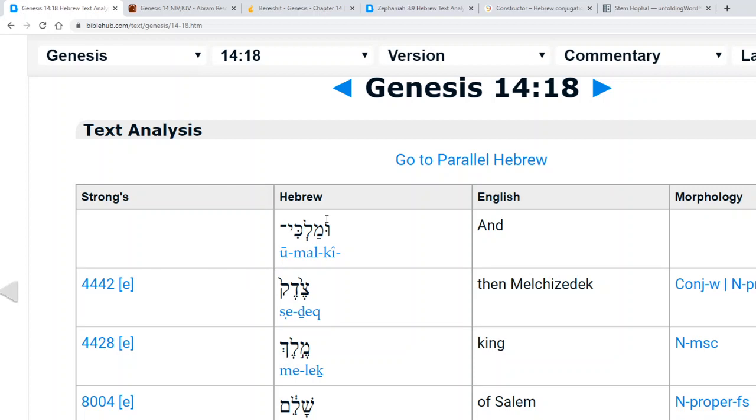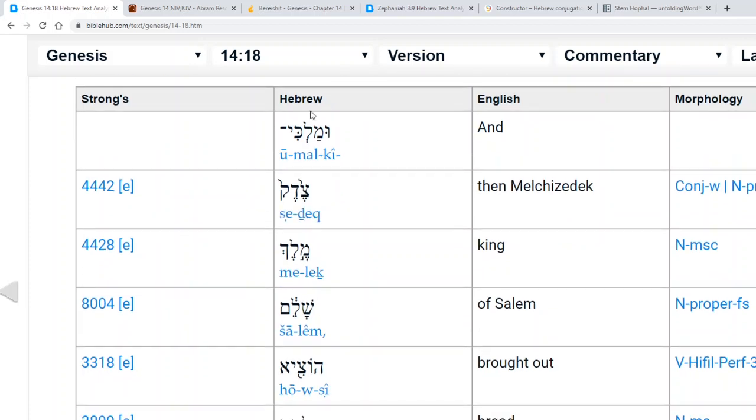So, interesting. Now we're talking about Malkitzedek, right? So obviously the word Malkitzedek means my king is righteous, my king is correct, right? And I think it's important that melech here is in the singular, and Malkitzedek, right? So that's the conjunctive of melech.